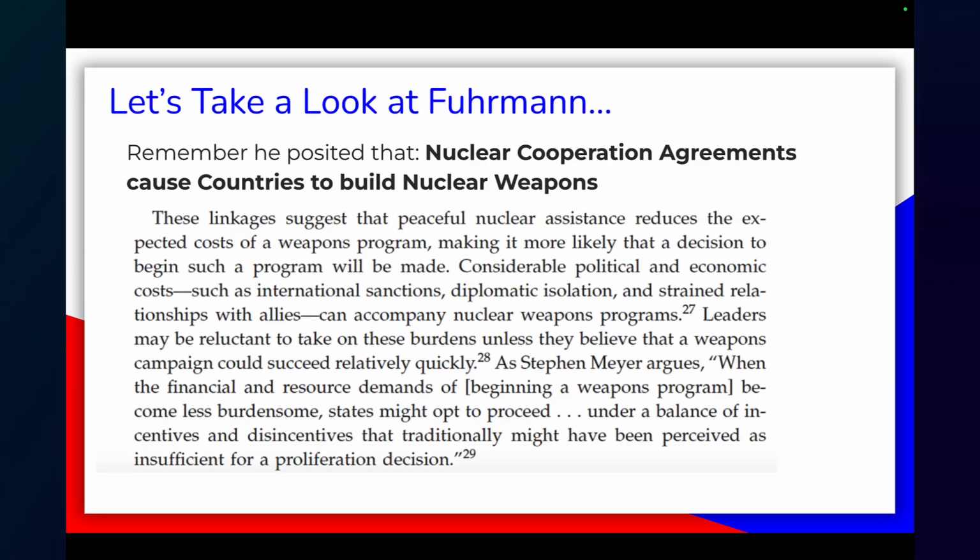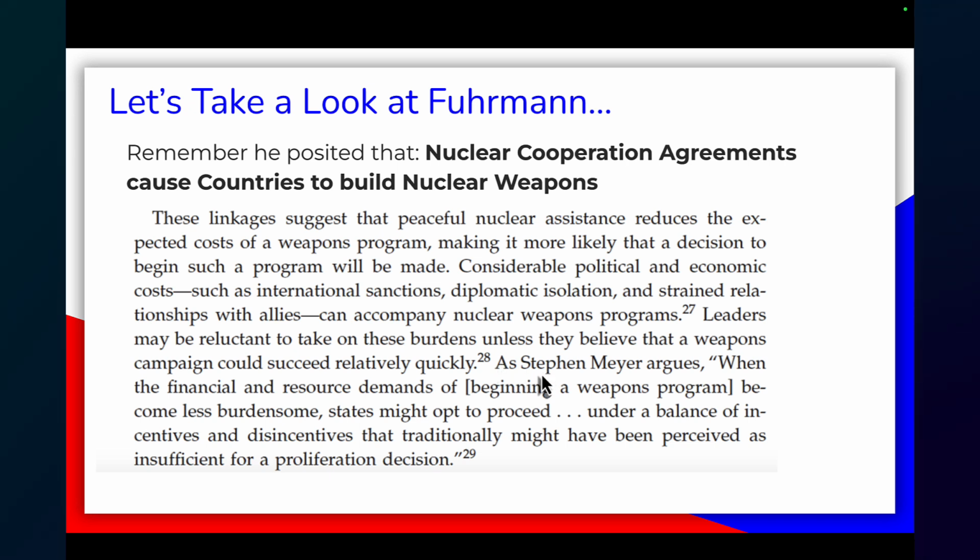Now, I want to just show you quickly the example from Furman, which you read for this week. If you recall, Furman is arguing that countries with nuclear cooperation agreements cause countries to build nuclear weapons, okay? The reason is that it reduces the expected costs of a weapons program, making it more likely that a decision to begin such a program will be made. And so this quote at the end, I think, is quite illustrative.